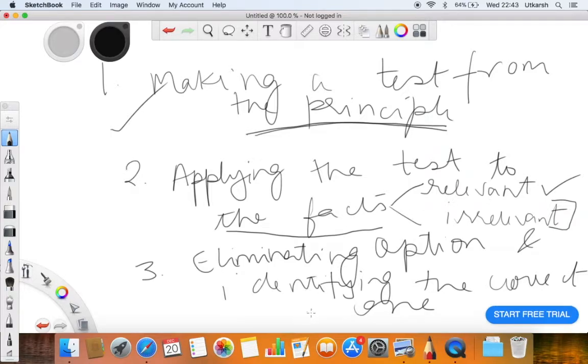In most cases you will come up with an answer after step two. But it's still best to always go for eliminating the options, as a safeguard to ensure that there's no better option than the one you have come up with. Then finally you can pick the most appropriate answer, which is the correct one. Following this simple algorithm, I can assure you that your accuracy in the legal reasoning portion is going to increase by a lot.